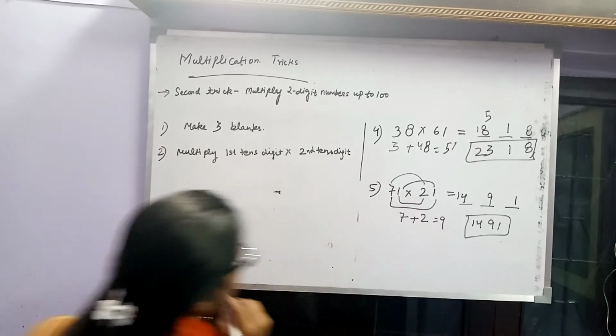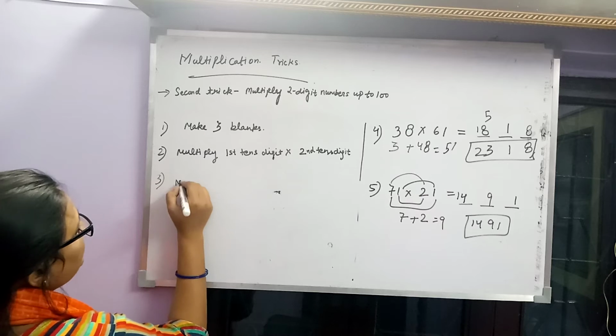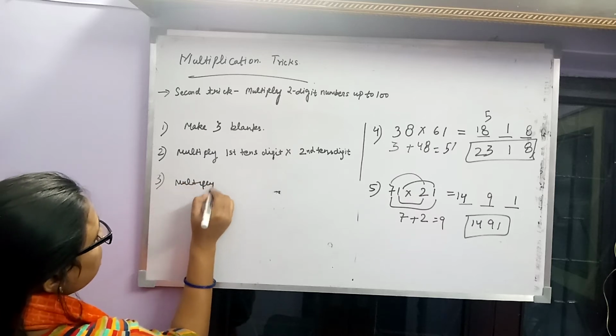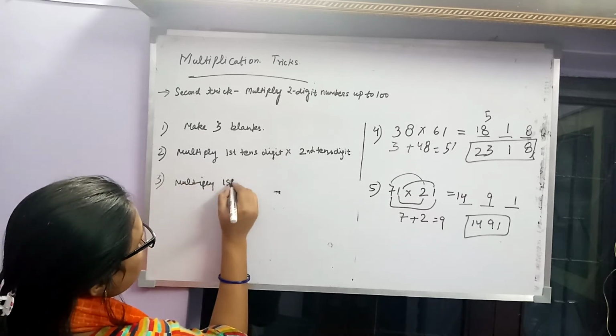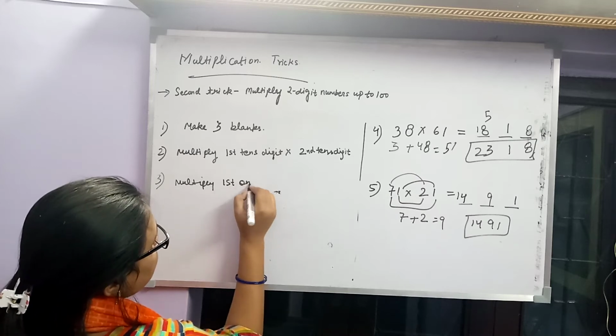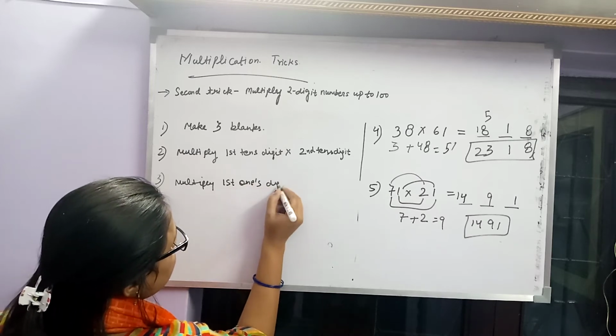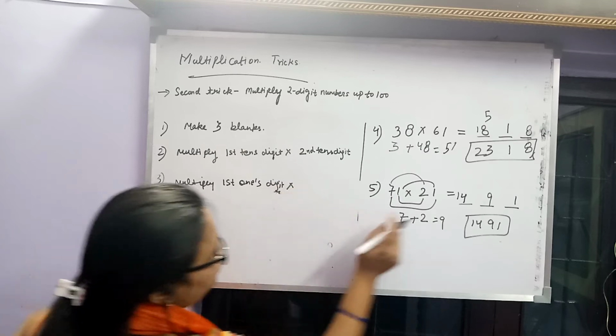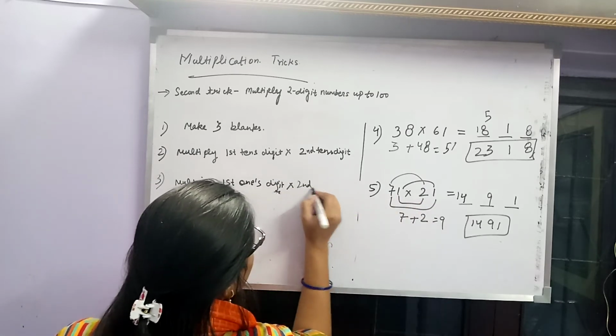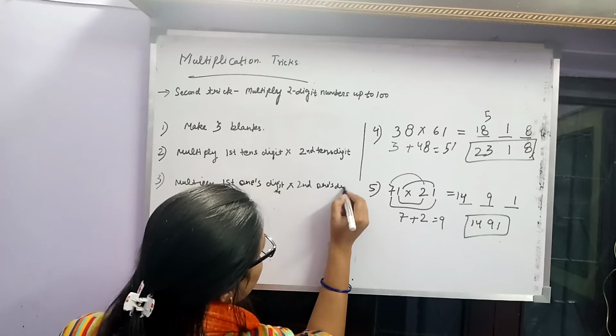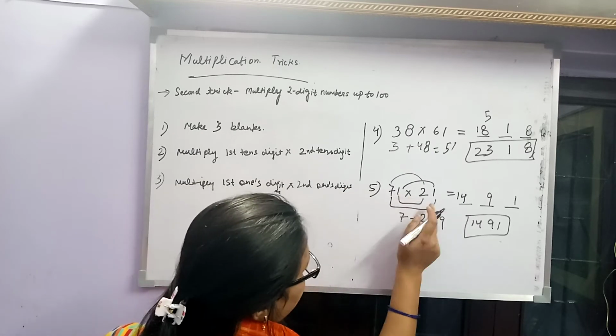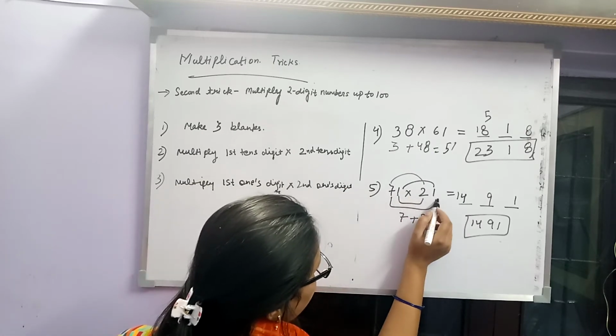This is the first tens digit, this is the second tens digit. Third, multiply the first ones digit into the second ones digit. We have done this, we have multiplied with this.